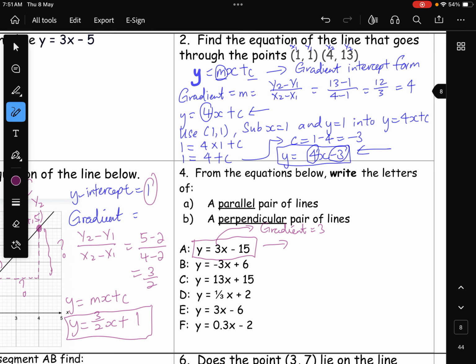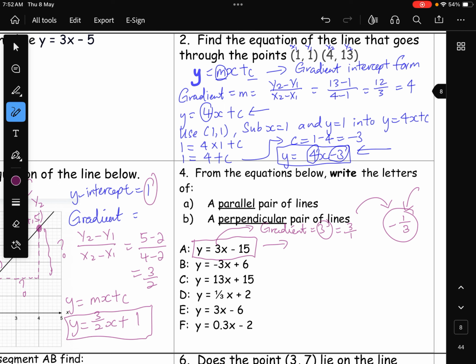Now, if one is positive, the gradient of the perpendicular line would be a negative number. But since 3 can be written as 3/1, we could do what we call the reciprocal of the fraction, which means we invert the numbers, where the numerator goes into the denominator and the denominator goes into the numerator, so it becomes -1/3. So this would be the gradient of the perpendicular line, which is -1/3.